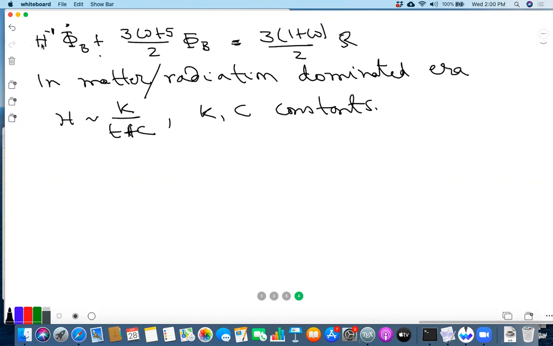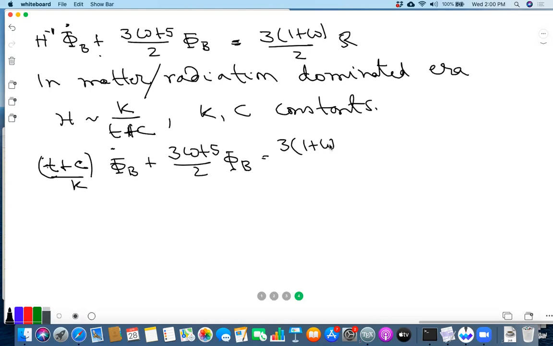So if we now substitute here, we get (T plus C)/K times phi b dot plus (3w plus 5)/2 phi b equal to 3(1 plus w)/2 r.